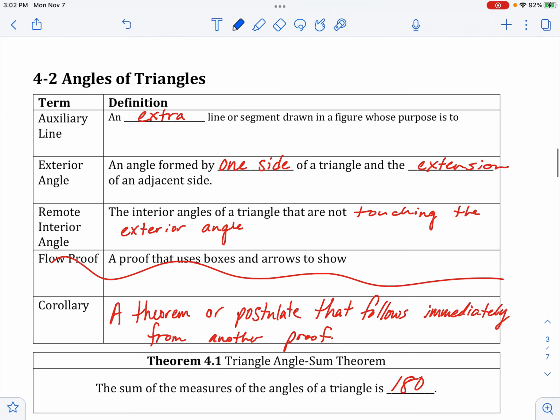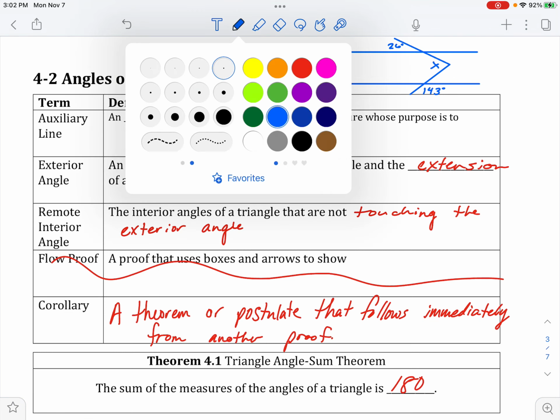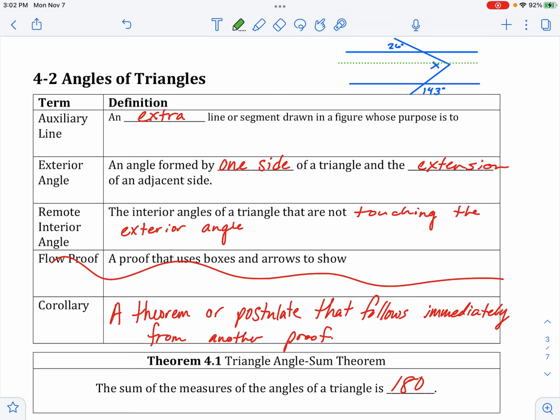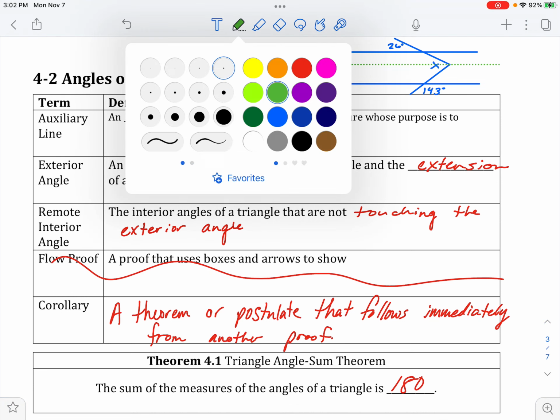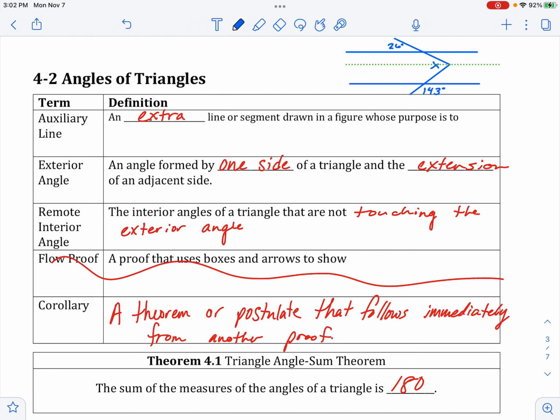If you remember, we had some problems where we had parallel lines, and I had an angle like this where I wanted x, and maybe I gave you 143 and 26. And what we had to do was draw in an auxiliary line in order to prove the value for x. So sometimes you have to draw in your own extra lines, not always.